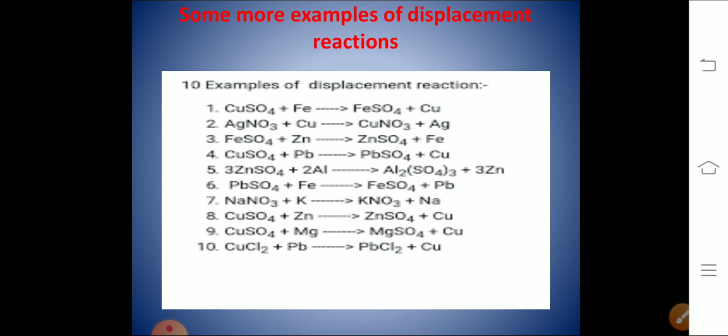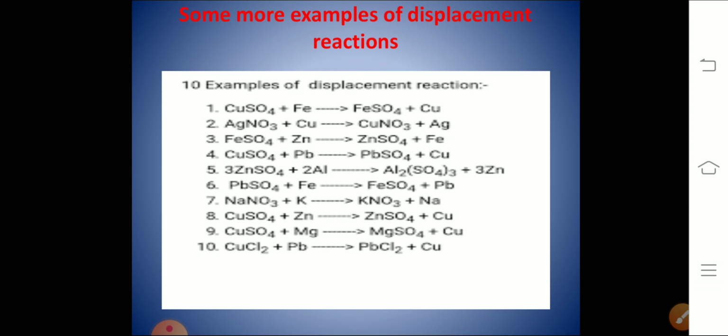Zinc sulfate plus aluminum will give aluminum sulfate plus zinc. Lead sulfate plus iron will give iron sulfate plus lead. Sodium nitrate plus potassium will give potassium nitrate plus sodium. Copper sulfate plus zinc will give zinc sulfate plus copper. Copper sulfate plus magnesium will give magnesium sulfate plus copper. Copper chloride plus lead will give lead chloride plus copper.